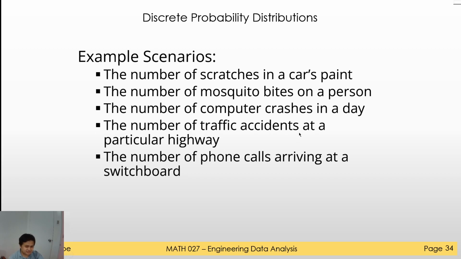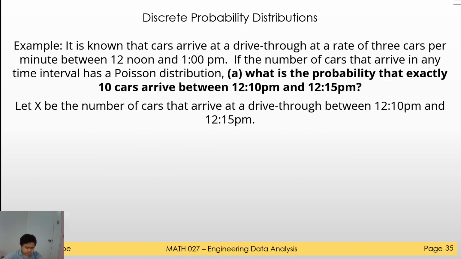For example, you may want to find the probability of how many scratches will appear on your car paint in a given interval, or the number of mosquito bites on a person during an interval, and so on. There are countless ways that we can use the Poisson distribution.